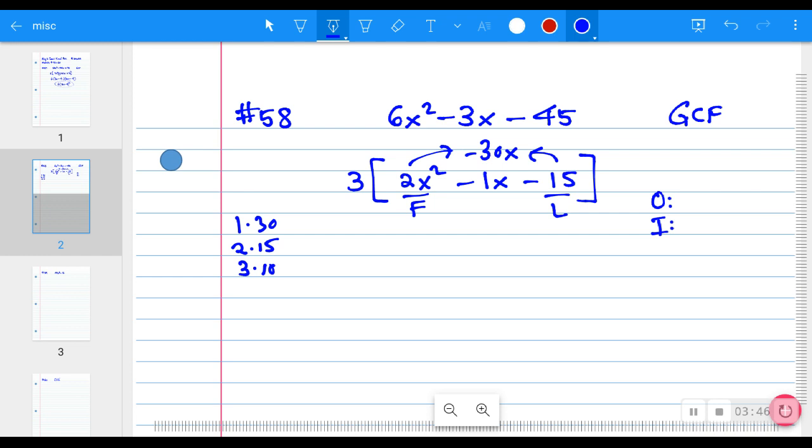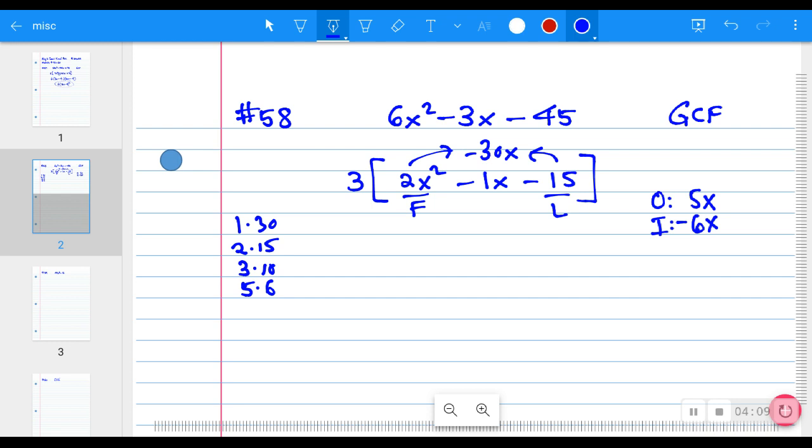4 doesn't go into 30, and 5 times 6 is the last choice. The only one that has this possible sum here is the 5 and 6. And you might have to play with the signs to get that. So let's try it, 5x and 6x. To get a negative 1 out of this, you have to put a negative on the second one there.